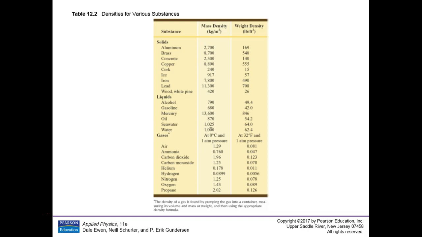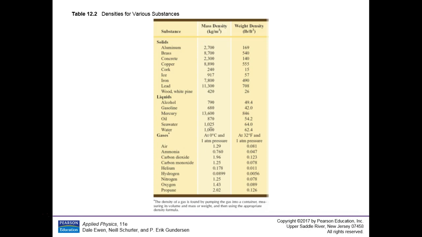Oil is a lot like gasoline, and alcohol is denser than either of those, but not by much, and not as dense as water, so oil floats too. Seawater is a little denser than fresh water because it has dissolved salts in it, so it's a little more dense, 64 pounds per cubic foot rather than 62.4.